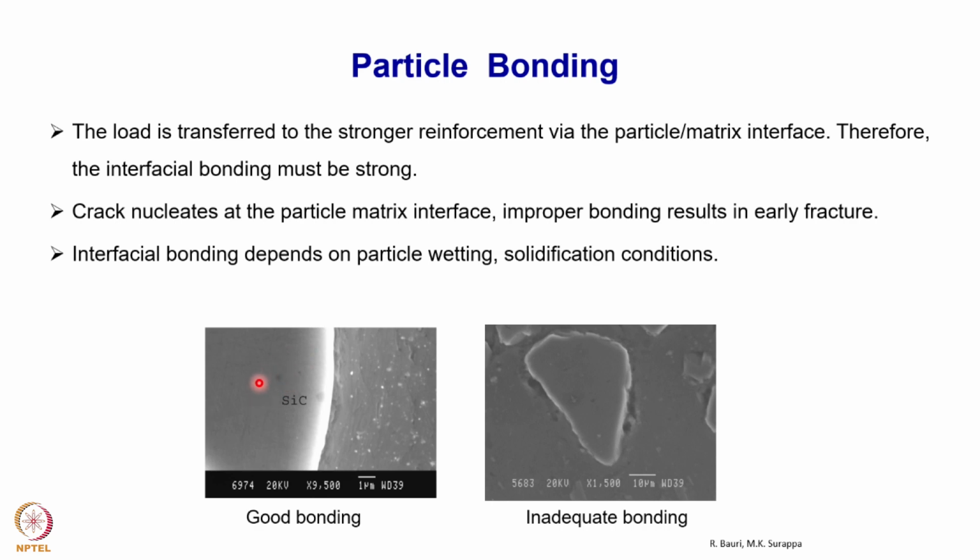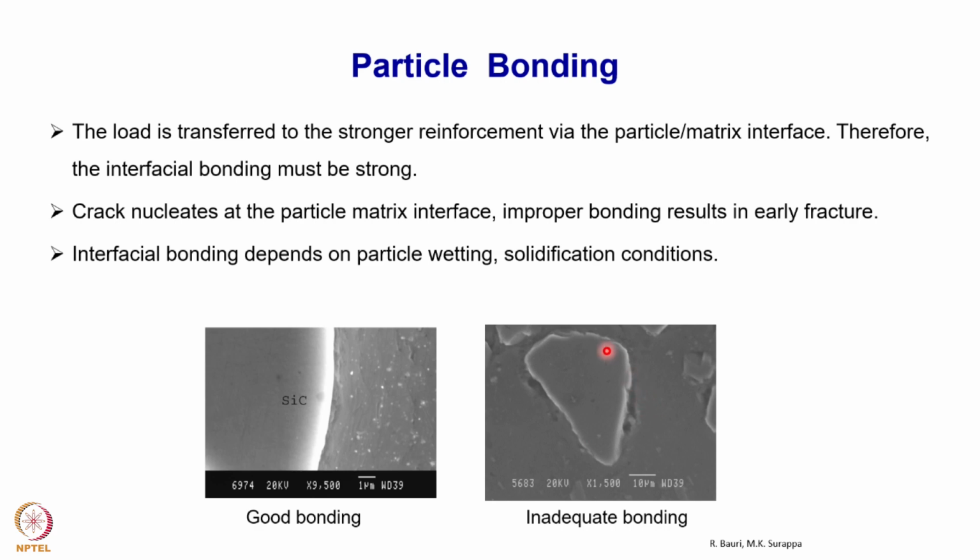Otherwise, even if you have these particles added to the metal, you may not have better properties, rather you might have inferior properties compared to the monolithic metal. An example is shown over here where you can see the particle is added and it has actually gone into the metal, but the interfacial bonding is not good because you can see the cracks along the interface.